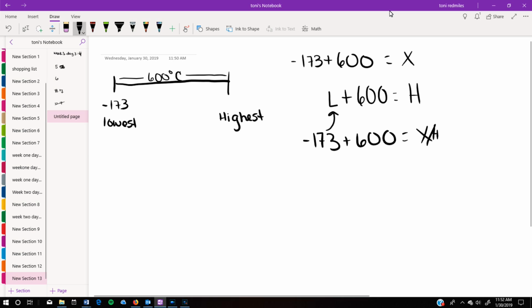If I take negative 173 plus 600, I am going to get 427. I had a mind freeze there. So that is the highest temperature on the planet of Mercury. All right, that was number 8.